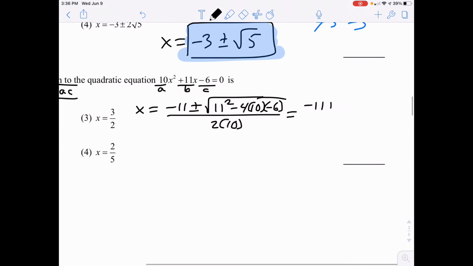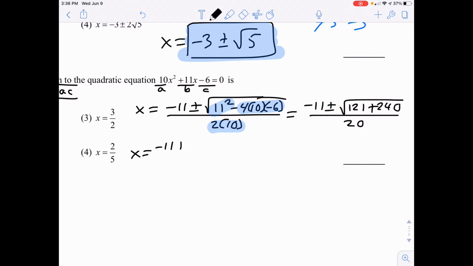This would be negative 11 plus or minus the square root of, well, 11 squared is 121, minus a minus is a plus. Well, 4 times 10 is 40, times 6 would be 240. So all of that is divided by 2 times 10, or 20.